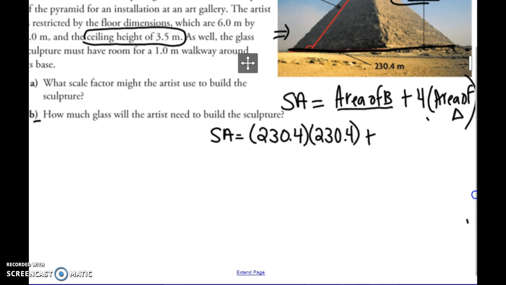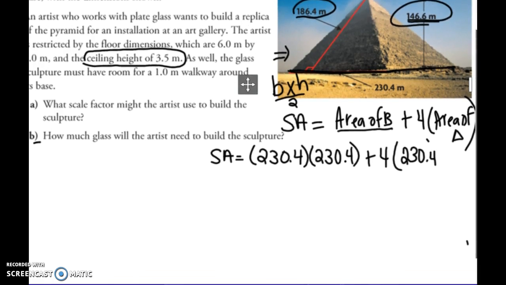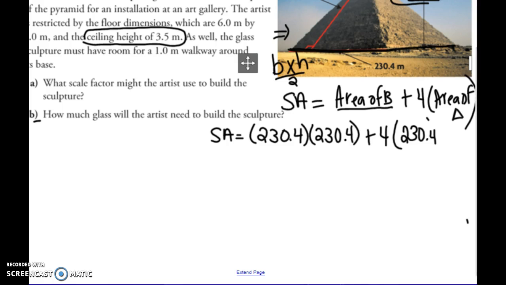So area formula for a triangle is base times height divided by 2. So that means we need to take the base, which was 230.4, times the height of the triangle, which was the slant height of this pyramid. It was 186.4. And you divide that by 2.